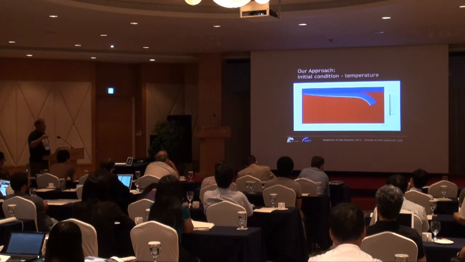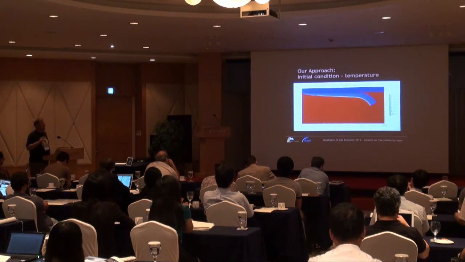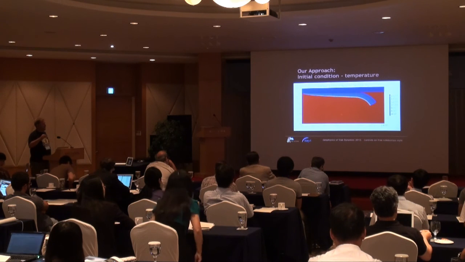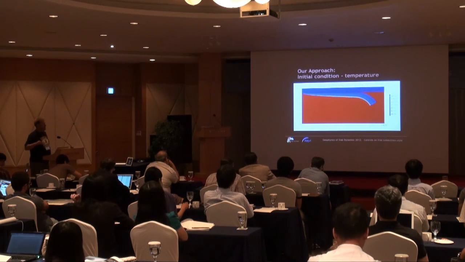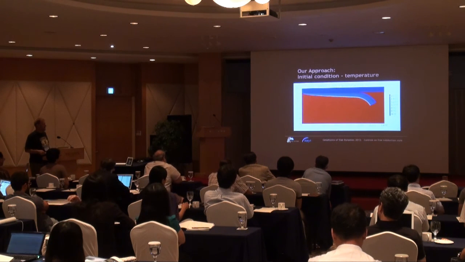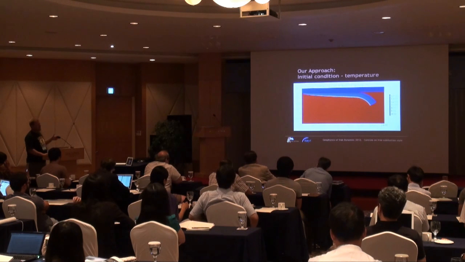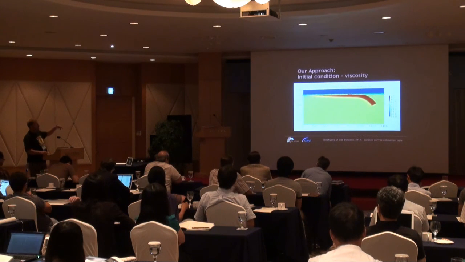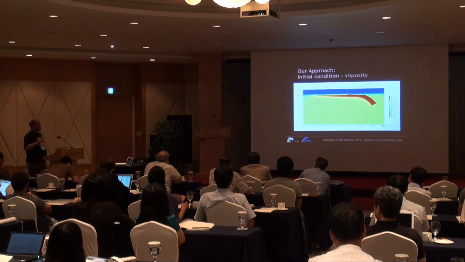So this is temperature in Kelvin, 300 at the top, 1600. The white line there is supposed to be 1600, so that's how we identify a plate thermally. Again, we don't want to impose any type of viscosity, so we get our viscosity field from that temperature field.